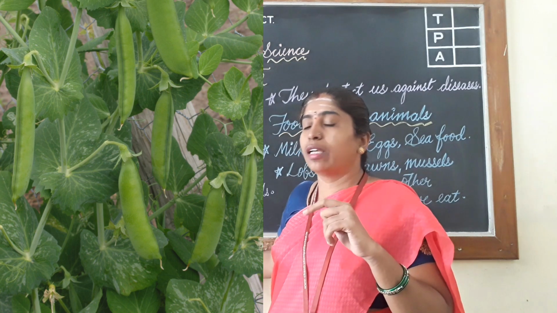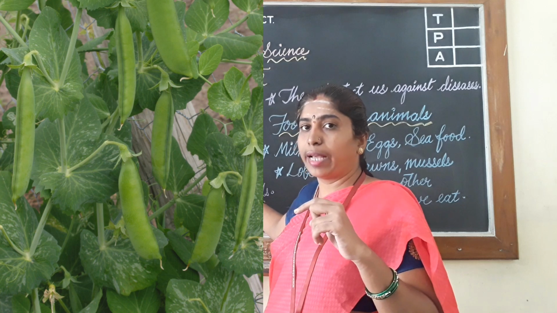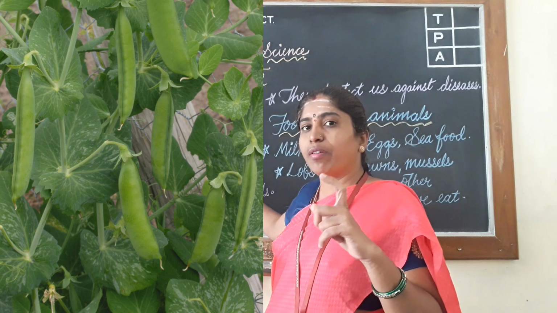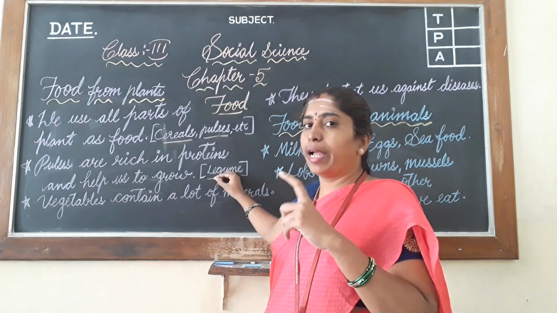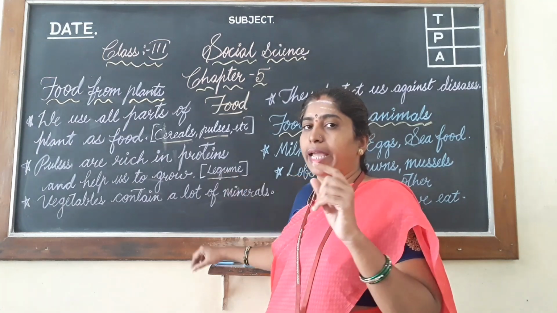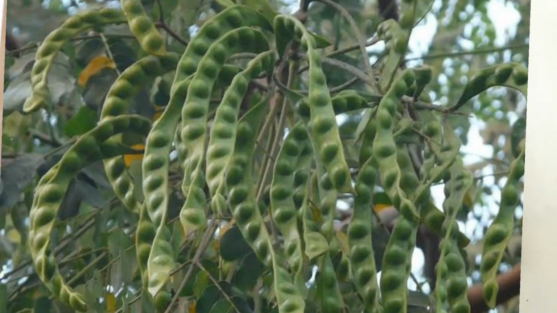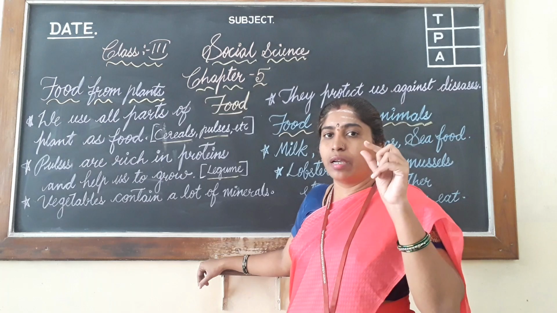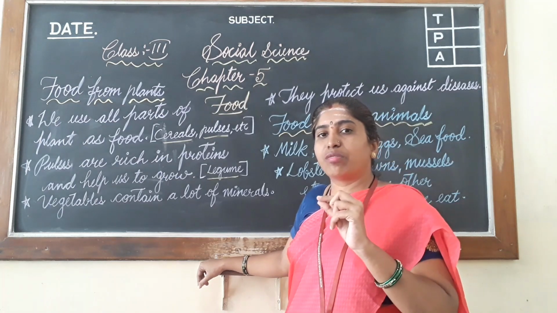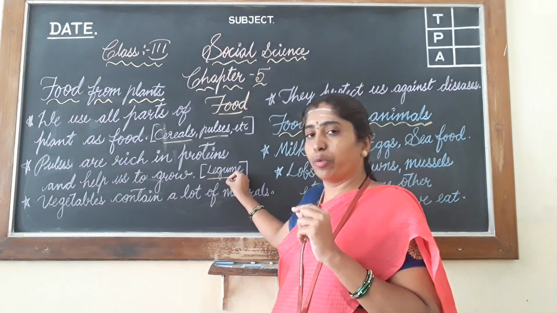That is called a legume. Okay, I'll show the picture by the side where you find the pod and many seeds. Like groundnut, tur dal, chana. In one pod many seeds will be there. That is called a legume.